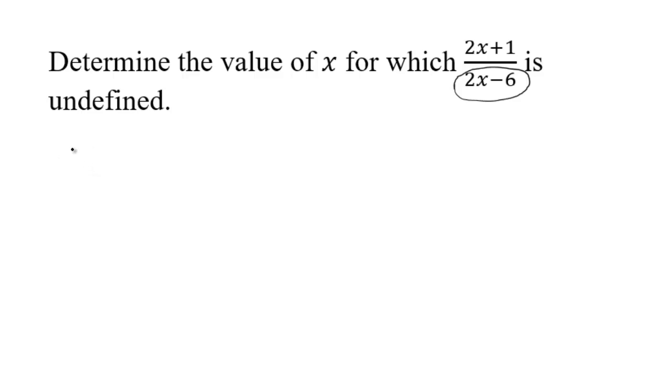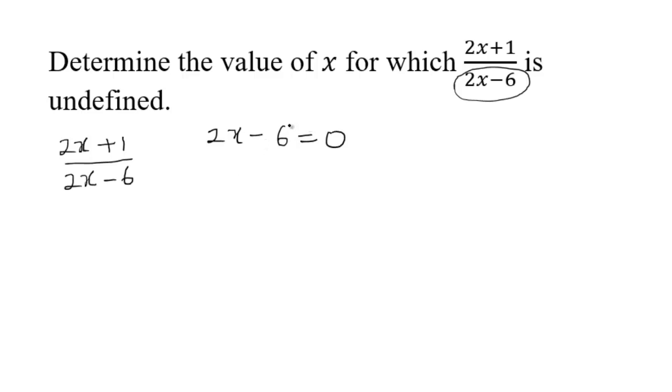Let's write the whole expression: 2x plus 1 all over 2x minus 6. Now we want to find the value of x that will render the whole expression undefined. Then we need to equate the denominator, which is 2x minus 6, to 0. So 2x minus 6 equals 0.